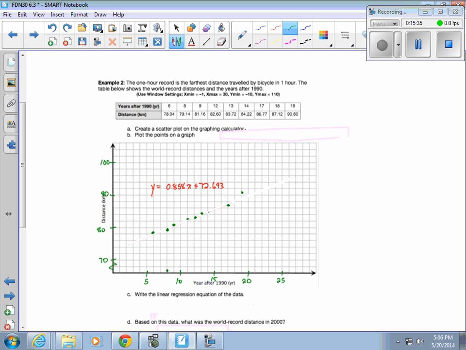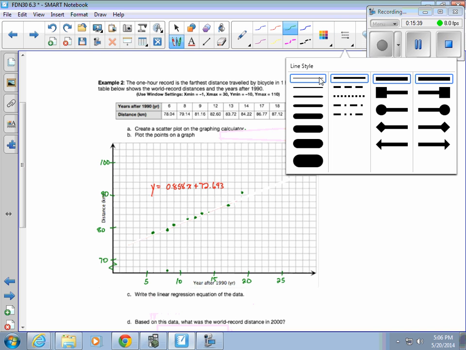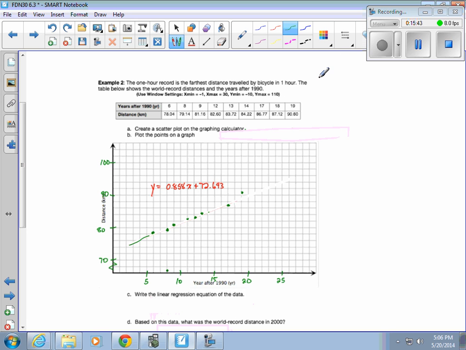Our line of best fit then, if we draw that in, you can see where I've got it on here already. Oh, why didn't they give me a... I don't know if that's going to make a straight line or not, but we'll see. Nope.